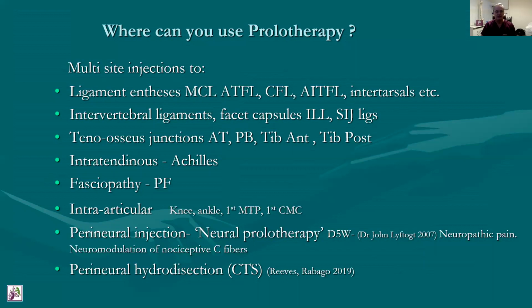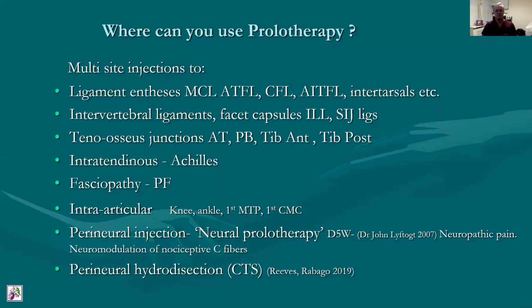The intervertebral ligaments are often treated, and certainly at the Blackberry Clinic we're doing a lot of prolotherapy in the lumbar spine and sacroiliac joints, the facet joint capsules, the iliolumbar ligaments, and supraspinous, interspinous ligaments. This can be extremely successful, particularly if the diagnosis is made correctly of a lumbar instability or a sacroiliac joint or pelvic girdle instability.